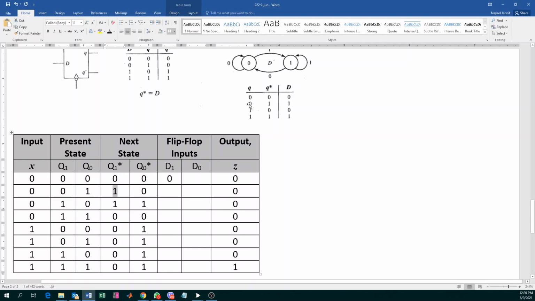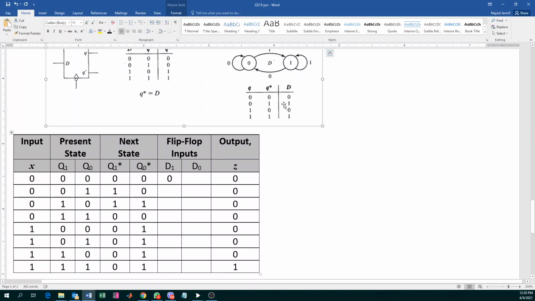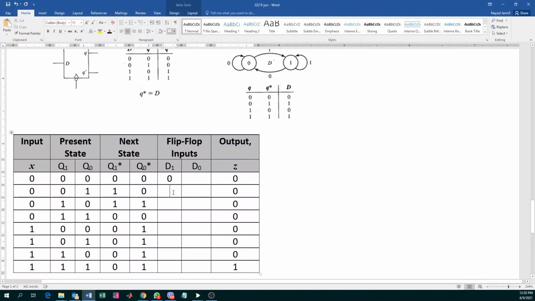If your current input is 0, your next input is 1, your flip-flop input is 1. In fact, the way to do it quickly is, do you notice that the Q star line is the same as the D flip-flop input line? It's identical. That's why this equation comes in. Q star is equal to D. So we know that that thing is going to be this, just paste it there, and this is going to be this, paste it there.